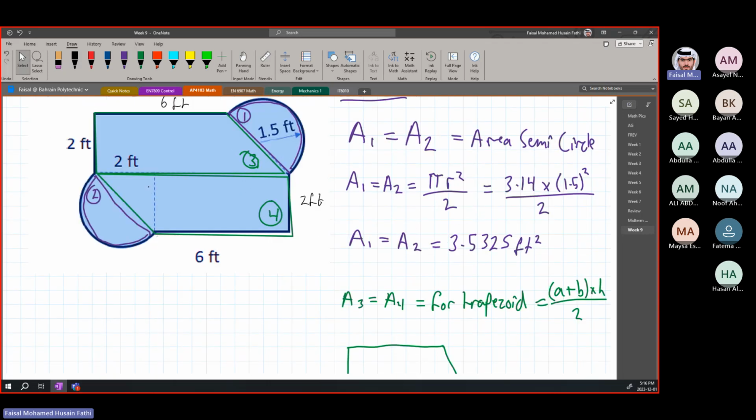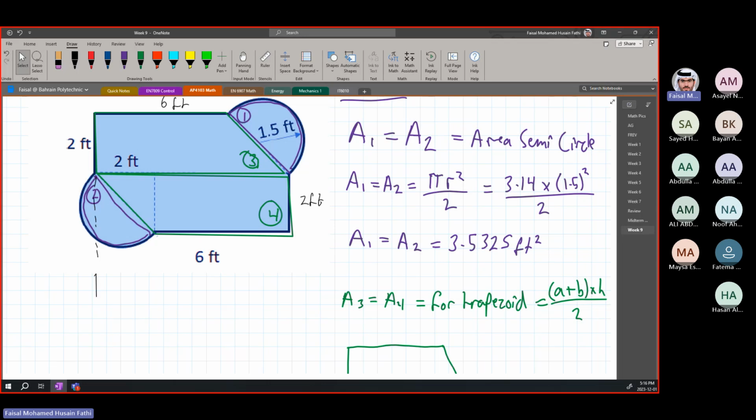So if we draw the line of this, the center part, from here to here, and we draw where it's cut, this is the full line, and this is where it's being cut.